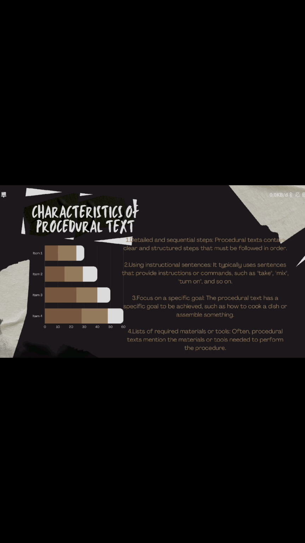The third, focus on a specific goal. The procedural text has a specific goal to be achieved, such as how to cook a dish or assemble something. The fourth, a list of required materials or tools. Often procedural text mentions the materials or tools needed to perform the procedure.